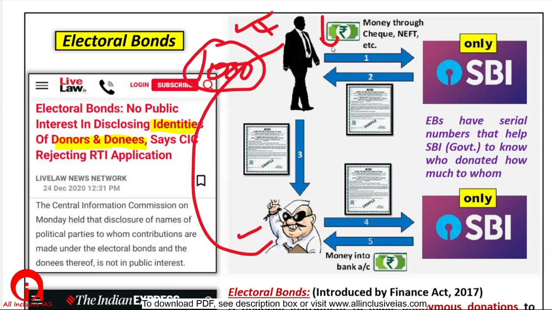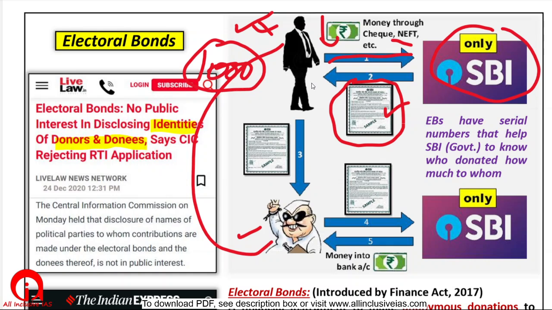So the solution is that Ambani ji will go to SBI, only SBI, no other bank. He will give a check or NEFT or whatever to SBI. SBI in return will give a piece of paper to Ambani ji. This piece of paper is an electoral bond.